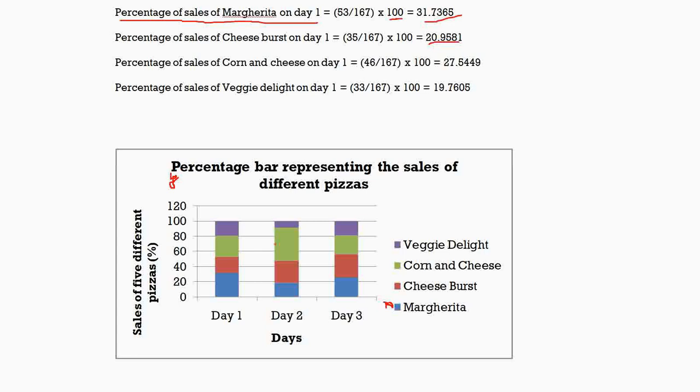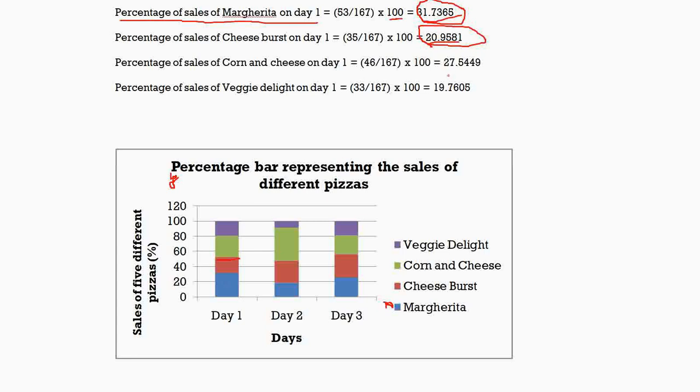So over here we mark up to 100, and on day 1 we have the first one at 31.737. So we mark that first, 31.737. Then we add this 20.958% to it, and we mark that over here.